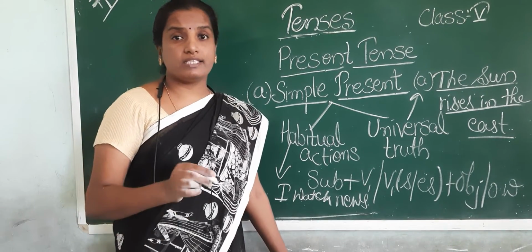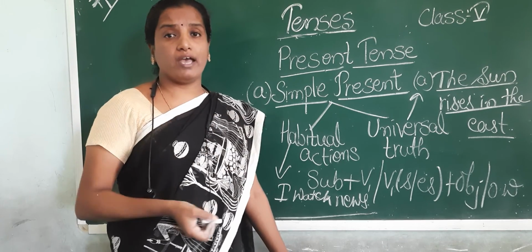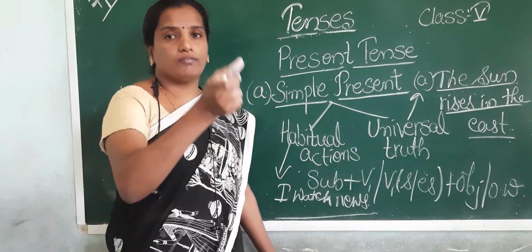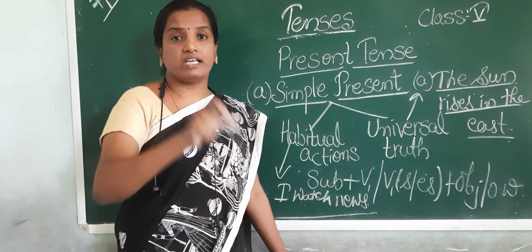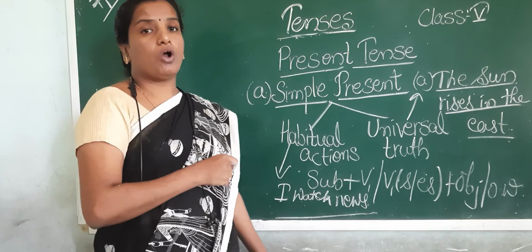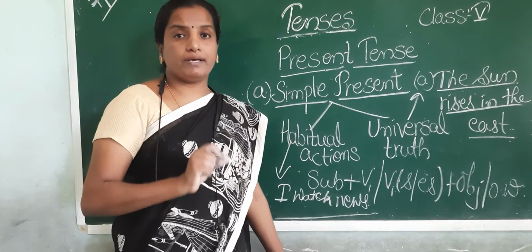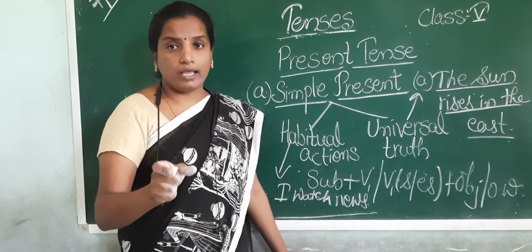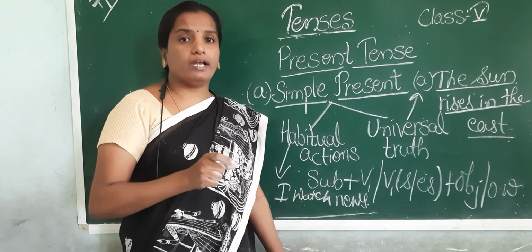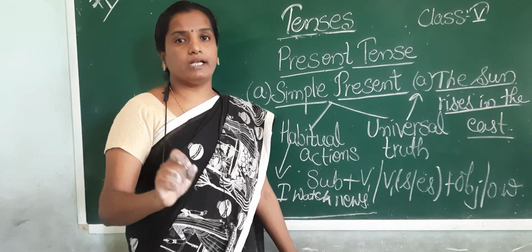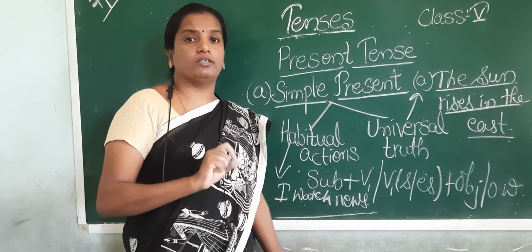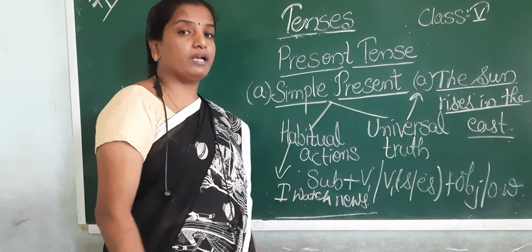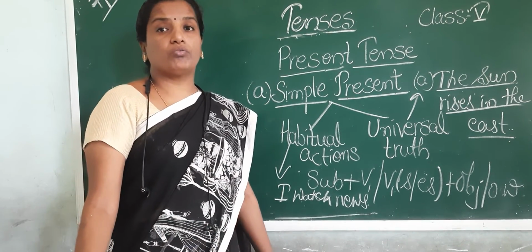So children, in this class, what have we learned? We have learned that tense is a word which is derived from the Greek word tempus. Tempus means time of an action. According to the time, tense is divided into three types: present, past and future. According to the work done, again we have divided the tense into 12 types.